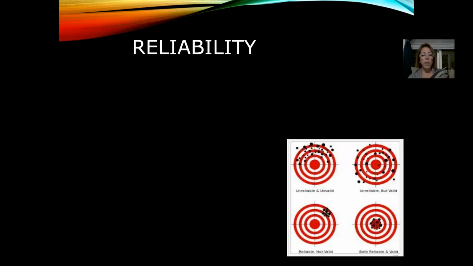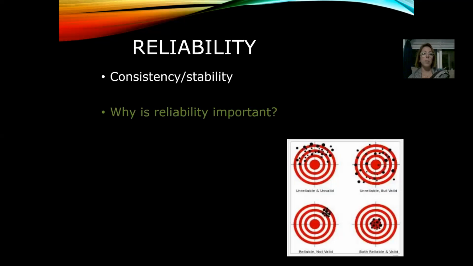Okay, so reliability we can also talk about as consistency or stability. Reliability is important because otherwise if we measure somebody with a survey today and then measure them with the same survey tomorrow and they get something totally different both times, then how much do we believe what that survey said, right?